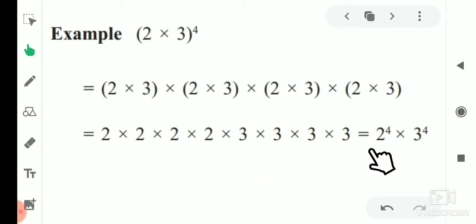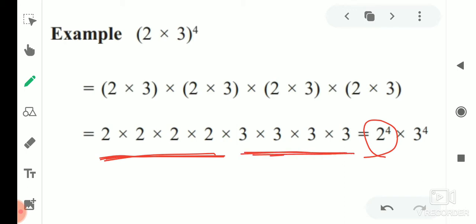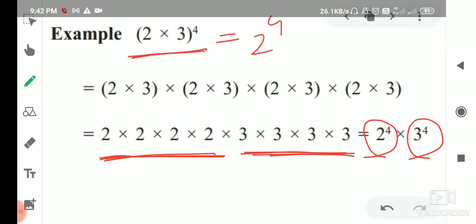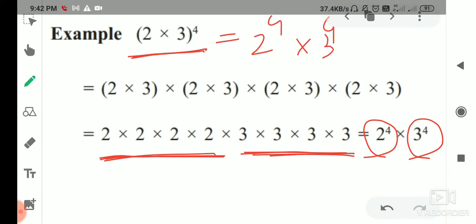This will become 2 raised to power 4 into 3 raised to power 4. So on multiplying, 2 into 3 raised to the power 4 gives 2 raised to the power 4 into 3 raised to the power 4.